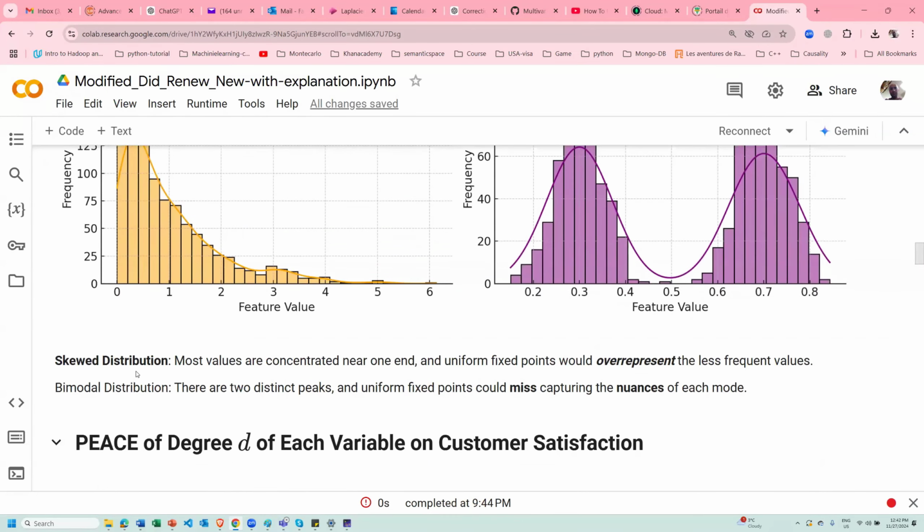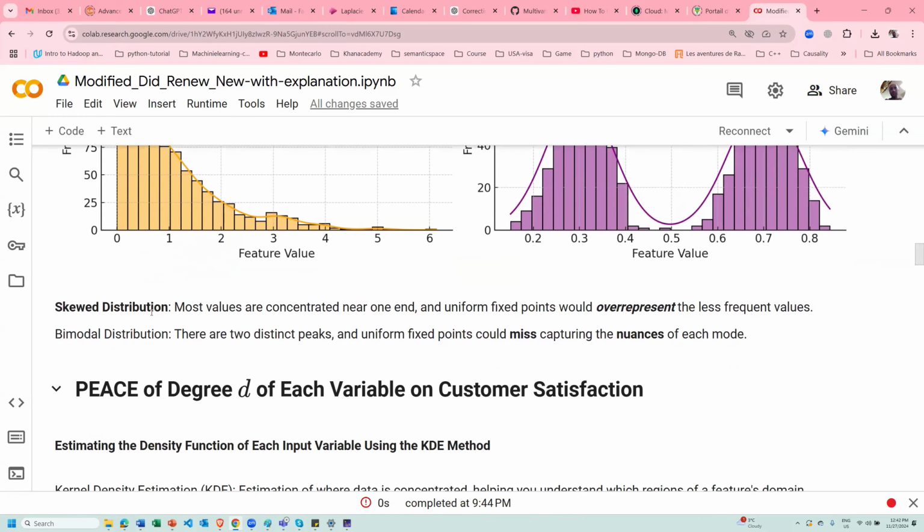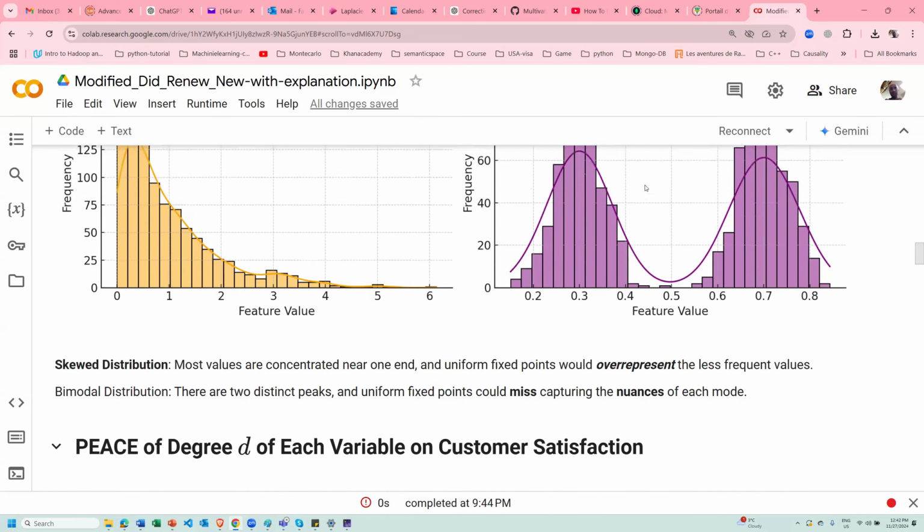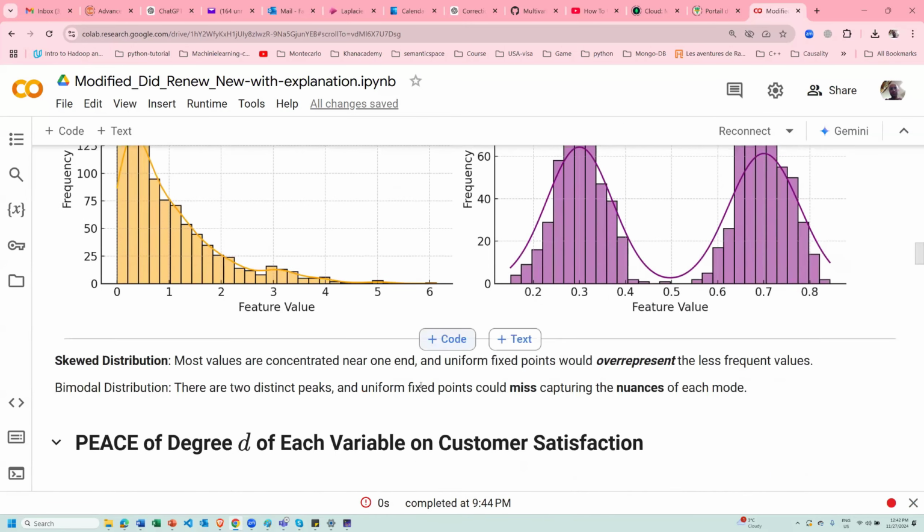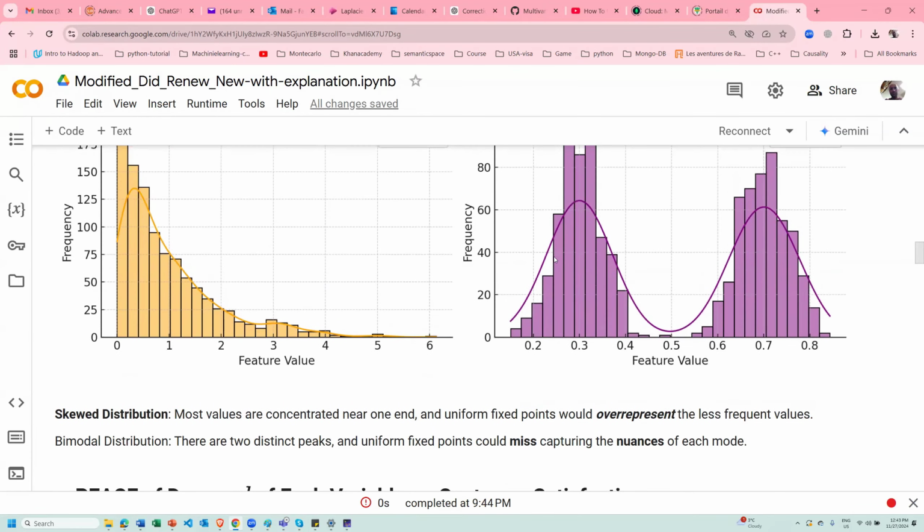In a skewed distribution, most values are concentrated near one end, and uniform fixed points would overrepresent the less frequent values. That's the problem with marginal effect. And for the bimodal distribution, there are two distinct peaks. Here we have these two peaks, right? And uniform fixed points could miss capturing the nuance of each mode.